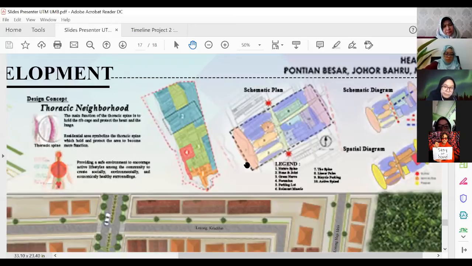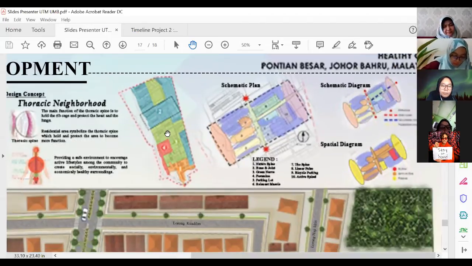So I will proceed with the schematic plan. In my schematic plan, I will provide some spaces for community activities. Some of the spaces have different activities they can do. So this is just my overall schematic plan.